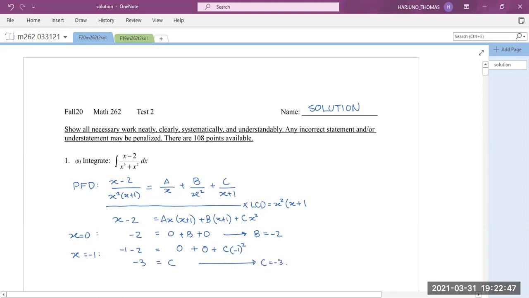I have a question. When would we know which value to use? I know it's from experience, but from looking at it, what's the answer? You need to have some experience to know when to use what. But usually, you see that your denominator has x squared and x plus 1.